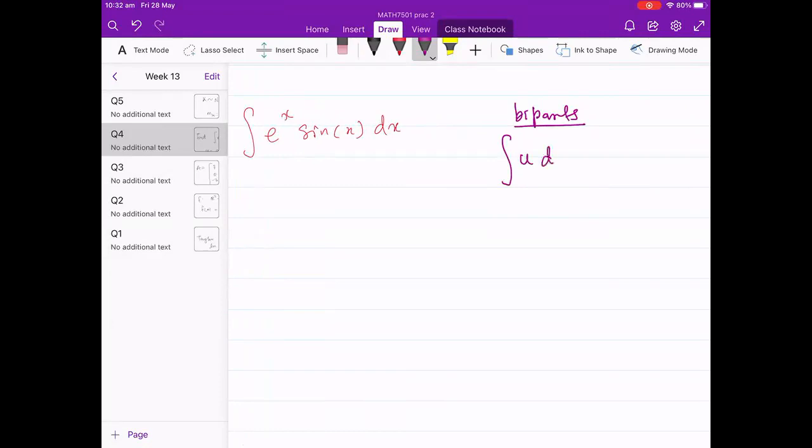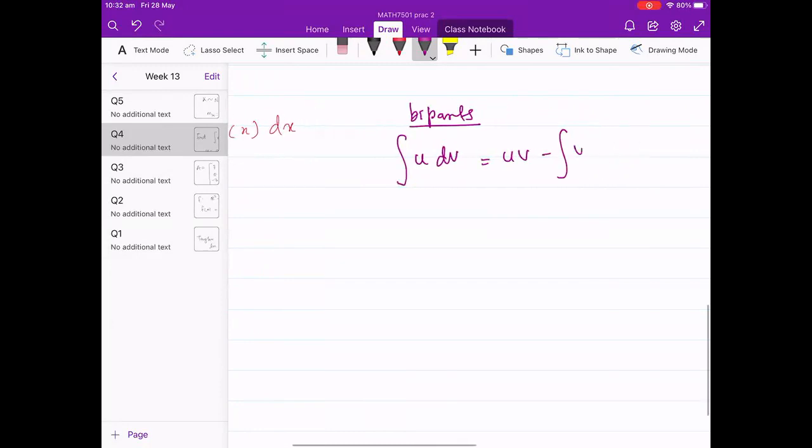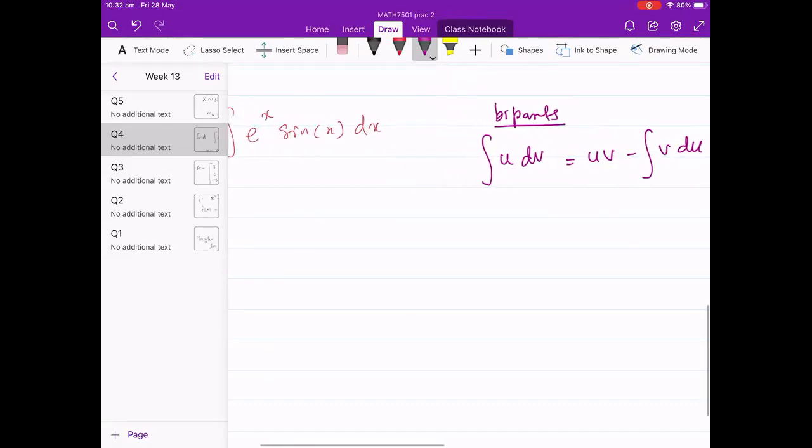Integral of u dv is equal to uv minus integral of v du. Okay, which one, you got e to the power x and sine x. Which one would you use for u? Which one would you use for dv?